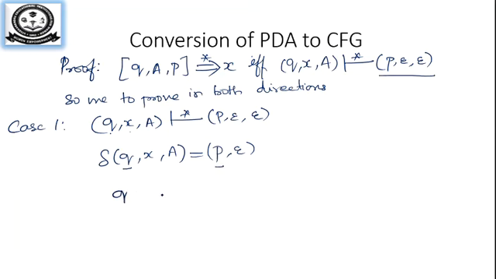So the triplet will be q and p, and you have to consider the top of the stack, which will be a. So this is the triplet and the rule will be epsilon. It means that we are going to pop a symbol from the stack.